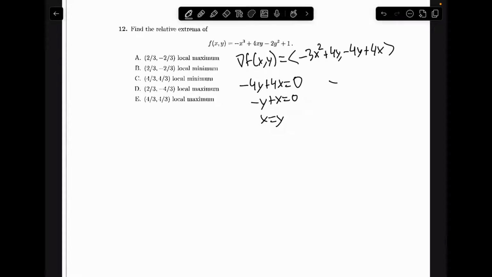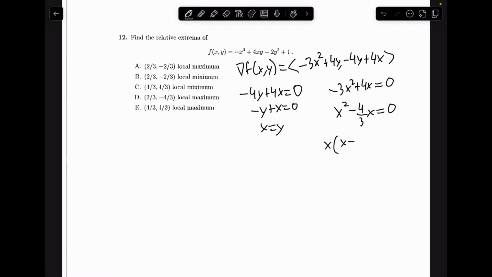So we're going to get negative 3x squared plus 4x is going to be equal to 0. This really isn't that nice, but let's divide by negative 3. So x squared minus 4 over 3 x equals 0. Factor this, we're going to get x times x minus 4 over 3 equals 0.